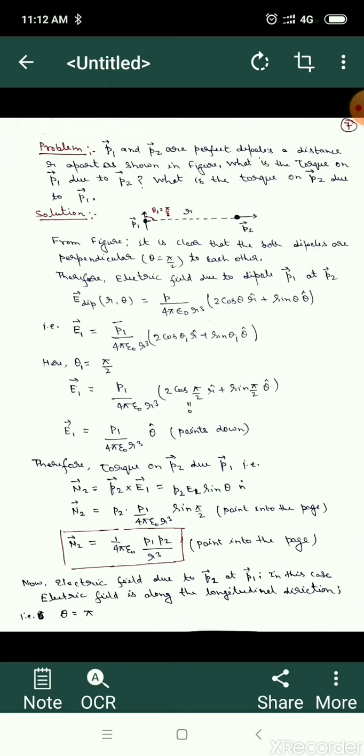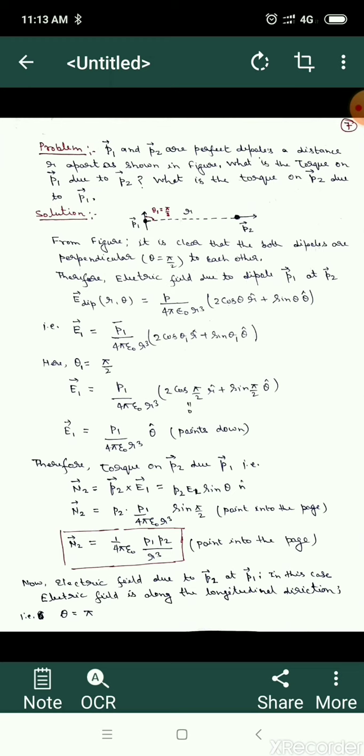Therefore the electric field due to dipole P1 at P2, which is situated at distance r, we have already calculated in our previous lecture. The electric field due to a dipole is a function of theta and r: P1 upon 4 pi epsilon 0 r cube, 2 cos theta r unit vector plus sin theta theta unit vector.